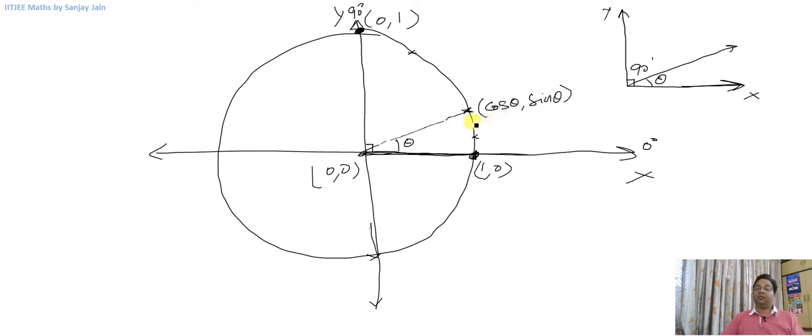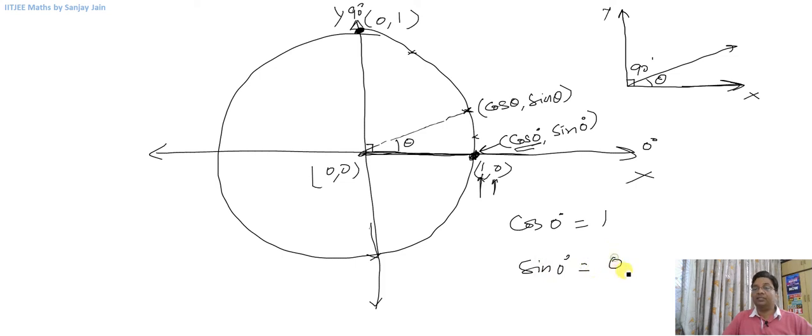We have discussed it in previous lectures, right? So what will be the coordinates of this point in terms of cos and sine? It will be cos 0 degrees, sine 0 degrees, right? But we know that the coordinates of this point are 1 and 0. So cos 0 is nothing but 1 and sine 0 is nothing but 0.